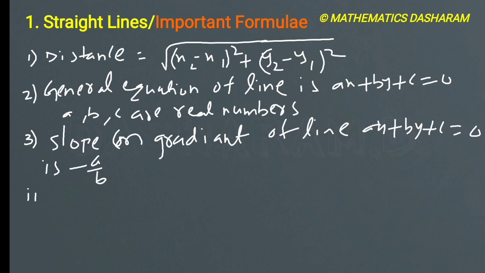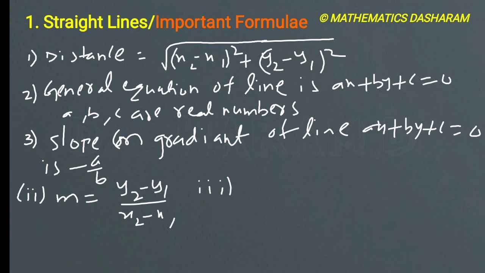When 2 points are given, x1 comma y1 and x2 comma y2, the slope, denoted with a small m, is equal to (y2 minus y1) divided by (x2 minus x1). When the theta value is given, the slope is tan theta. So there are total 3 formulas to find the slope for different situations.